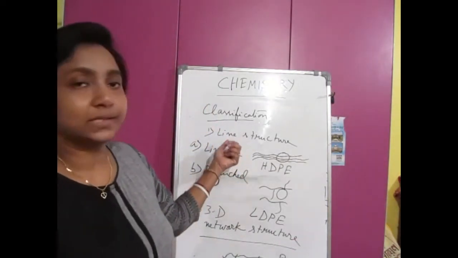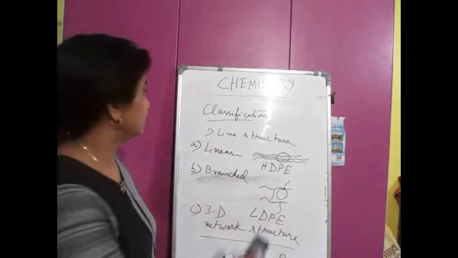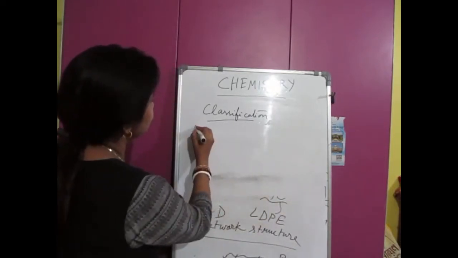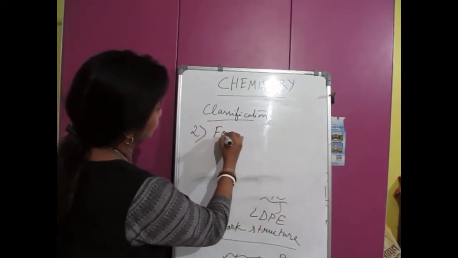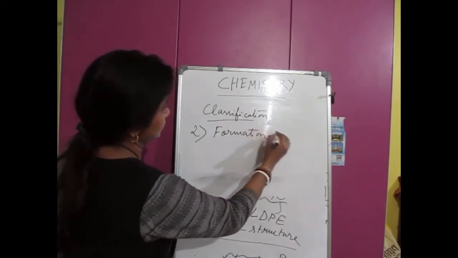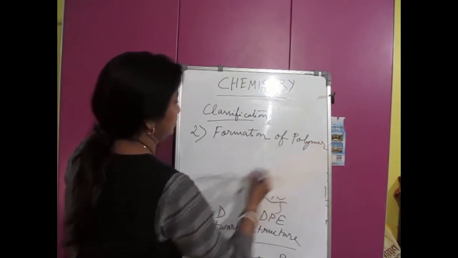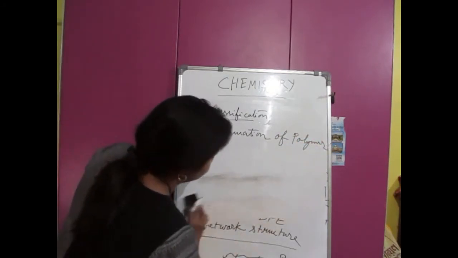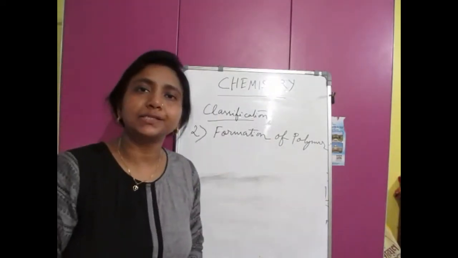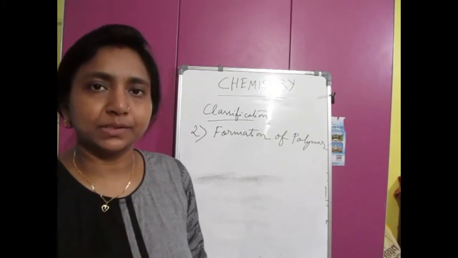So next basis of classification is the formation of polymer. So based on formation of polymer, polymer is of two types.